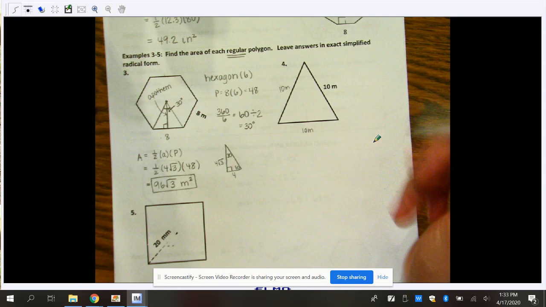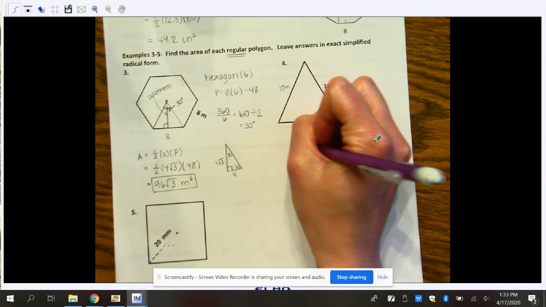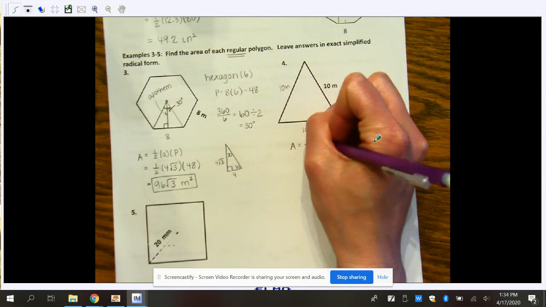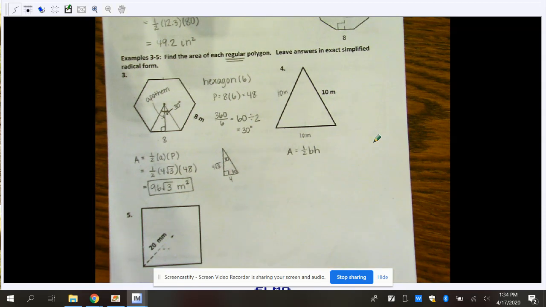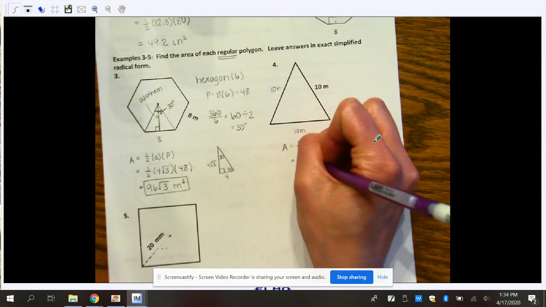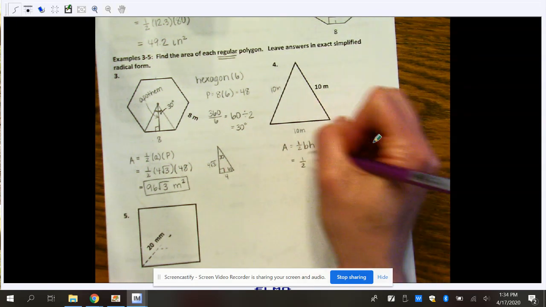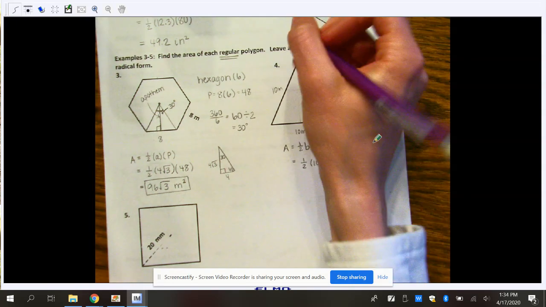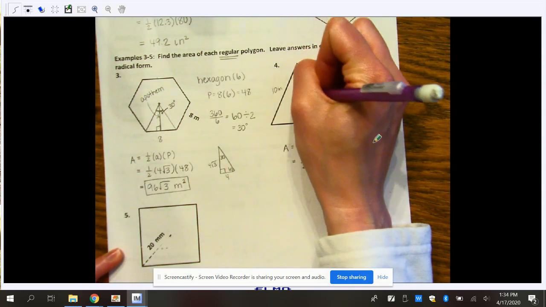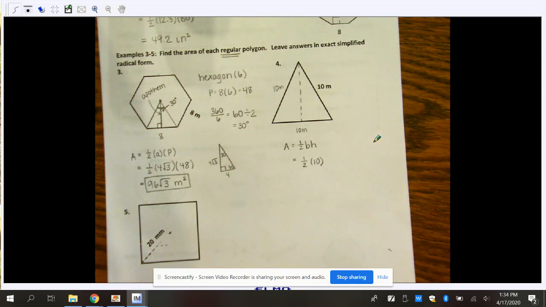So we're going to use the simpler formula, which is the formula for any triangle, whether it's a regular triangle or not. And so if I substitute in what I know, the base is 10 meters. I just need to know the height.